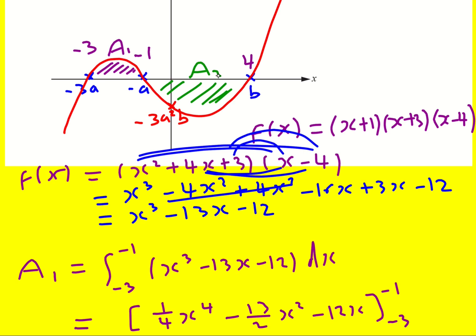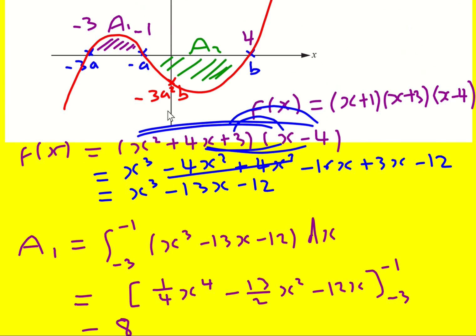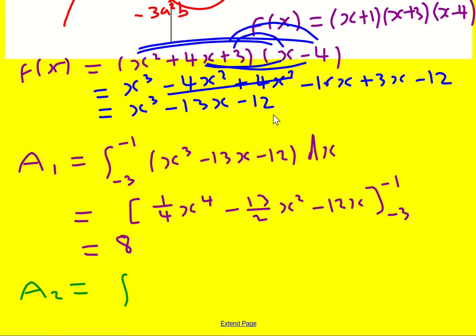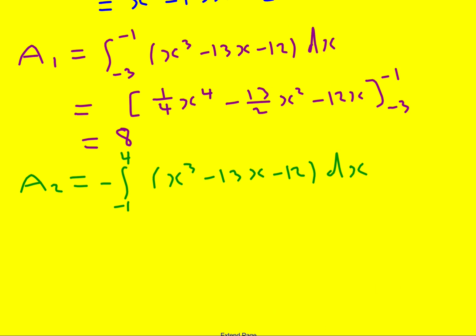Now we've got area 2, except this is going to be negative. So for area 2, because I'll get a negative amount when I integrate, and I'm integrating from -1 to 4 now, if I want to actually make it positive, I need to put a negative there, or get my answer and just times it by -1 after.